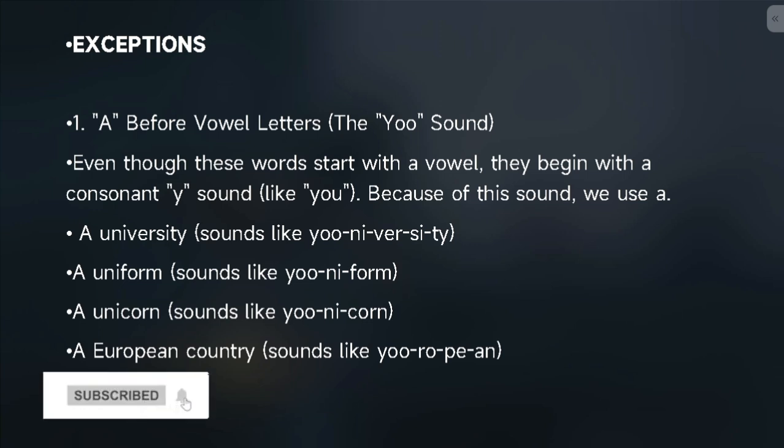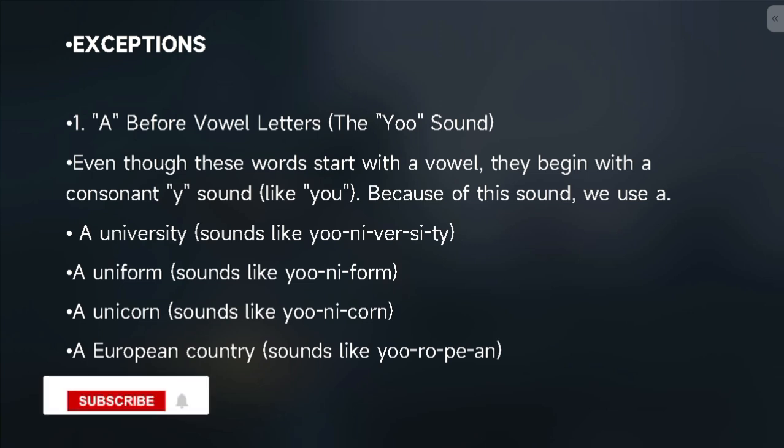Now I hope by this time you have got a little bit of a hold on what articles are all about, and how we use a and an on which occasions. But we also need to remember there are a few exceptions in English grammar where we should not use a or an blindly as part of the rule book.